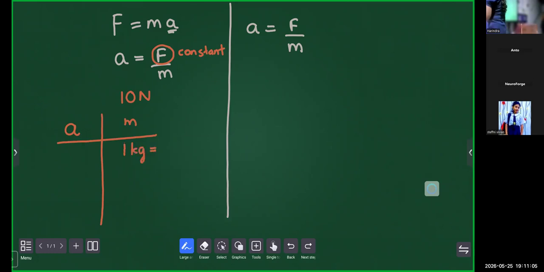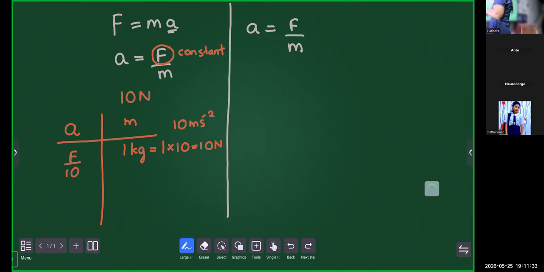If the gravitational acceleration is 10 m/s², the force is 1 into 10, it's 10 Newton. Now let's measure the acceleration. We take F as constant. A equals F divided by 10 now.